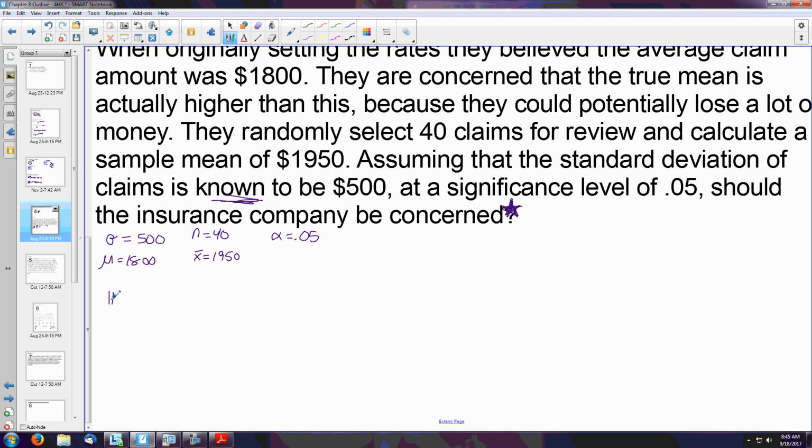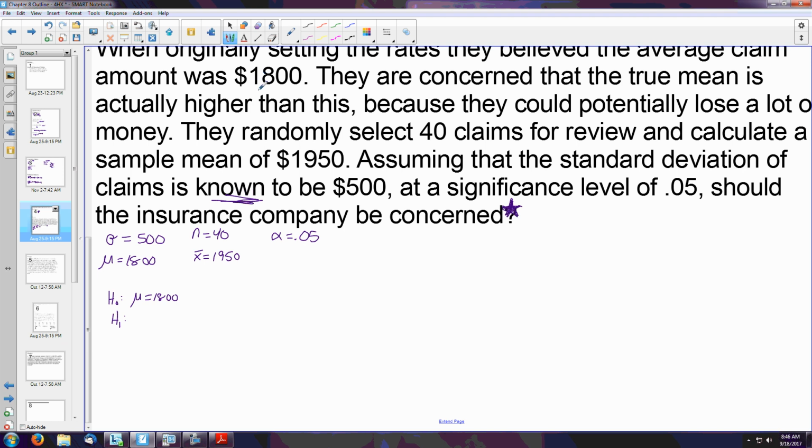Well, let's set up our null and alternative hypotheses. They're telling us that the mean used to be or should be $1,800. Now, as a company, what would be a concern to us? If we were actually paying out less money than $1,800, it means our profit would be greater. So that's not really a concern.